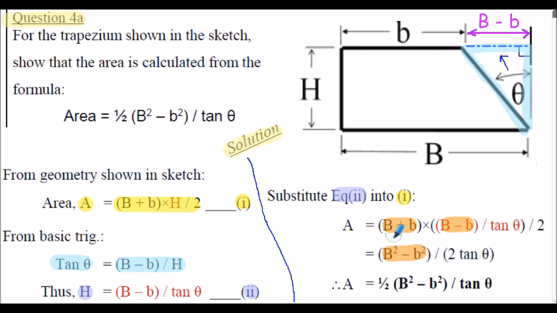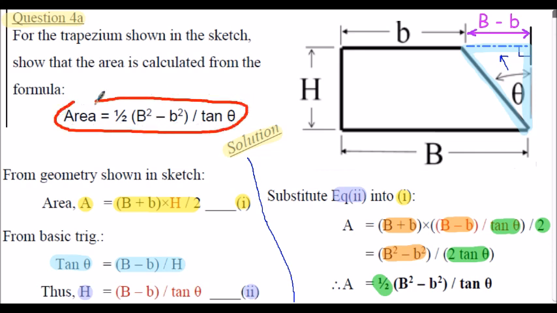And notice we're dividing this numerator here by tan theta and then by 2. So that's the same as dividing the numerator by 2 multiplied by tan theta. All that's happened on the last line, instead of dividing by 2, I'm going to multiply by 1/2. And again, we've solved the problem stated in the question.